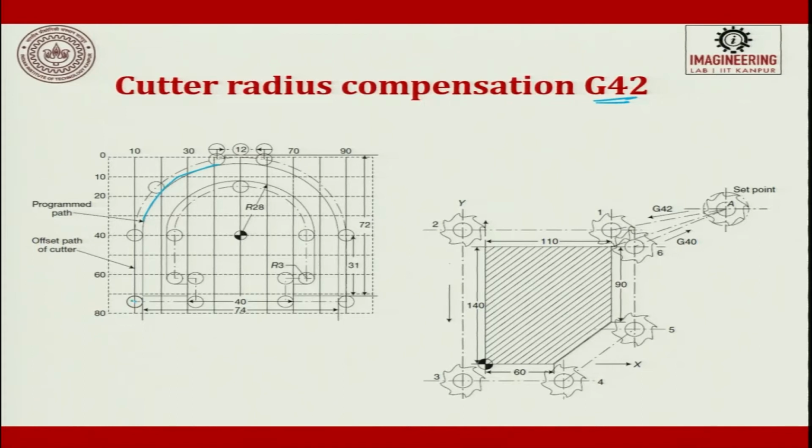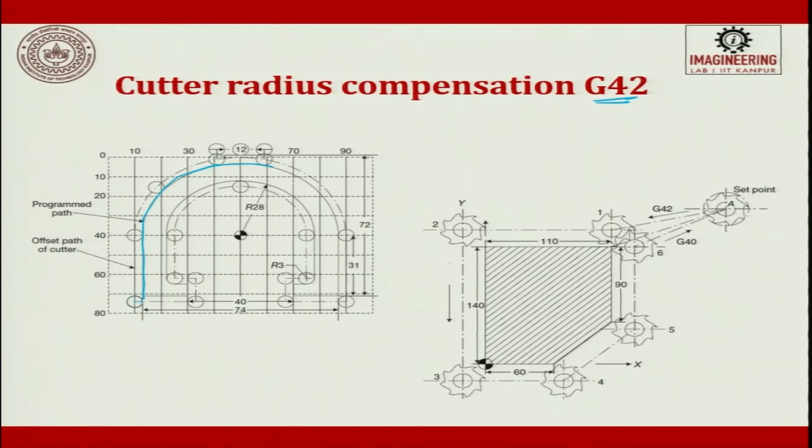Now what you are trying to do is move, because the cutter diameter comes in contact and then you have to generate this profile. The cutter edge comes and touches the profile. Now, for the cutter edge to touch, the center has to be offset.